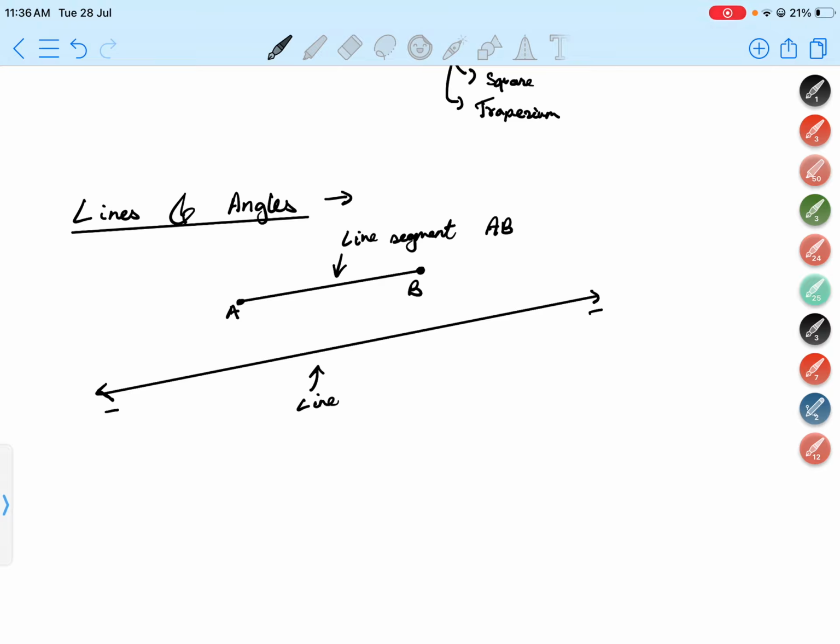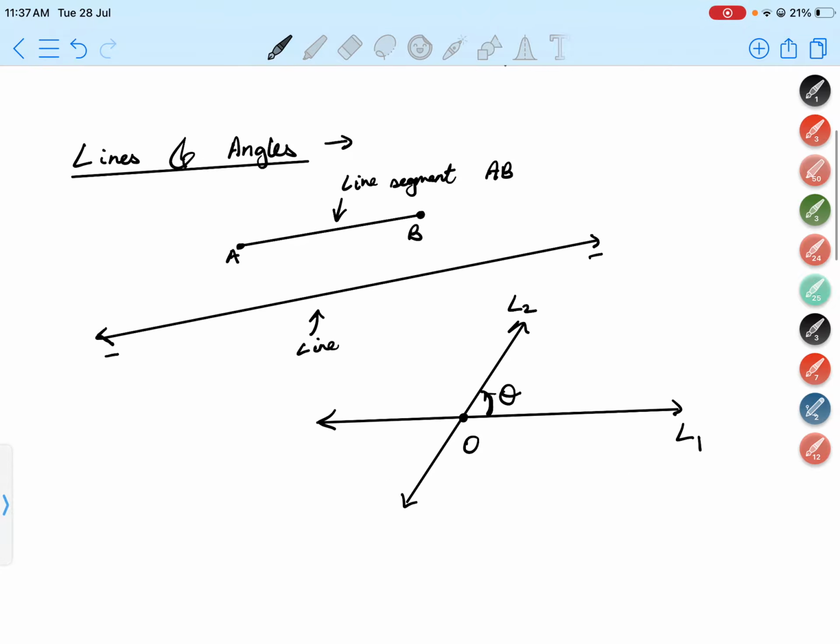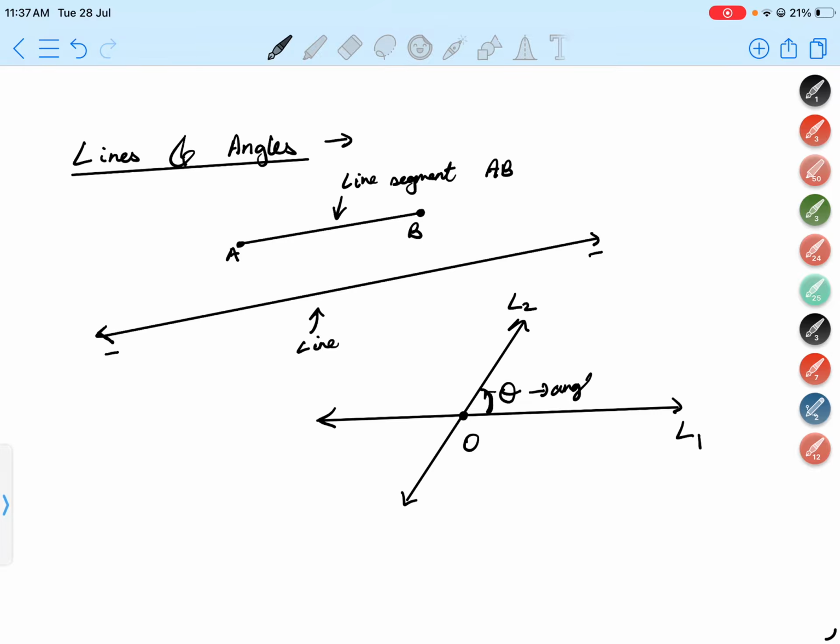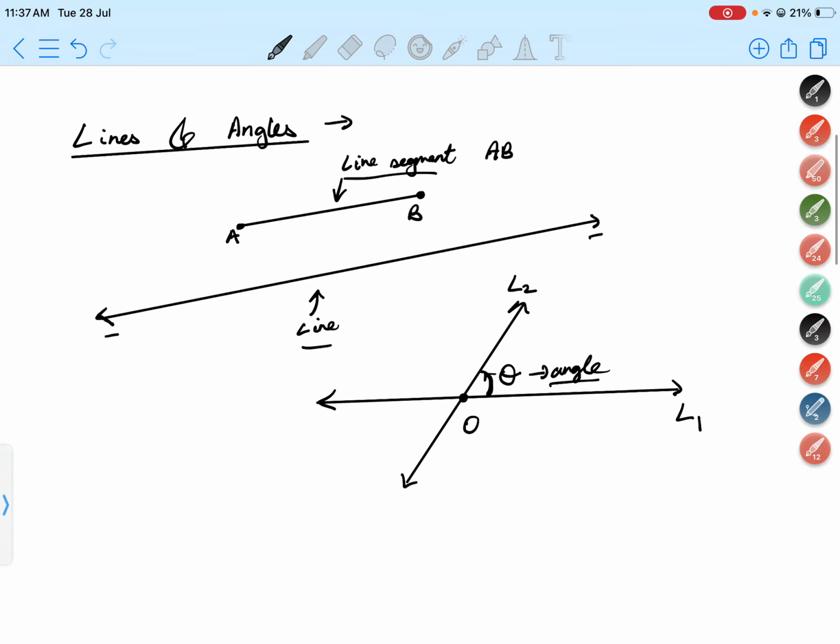For example, let's say I have 2 lines, this is one line L1, and here is another line L2, and let's say that they intersect each other at this point O. Then the tilt in this direction which line L2 creates with respect to L1, this is known as the angle, and it is generally represented by theta. So yes, this is an angle, this is a line, and this is a line segment. So no need to worry much about it. We will be studying about all of them one by one.